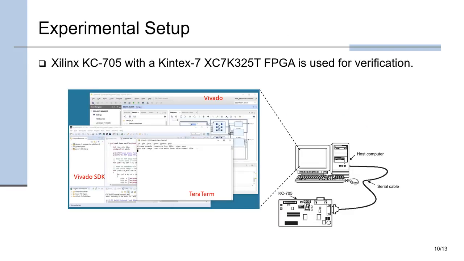For this work, we have used the Xilinx EDA tool, Vivado 2018.2, to develop our system, and the FPGA board we use is the Xilinx KC-705. And you can go to our GitHub website and download a sample workspace that contains the entire hardware and software for the proposed system.